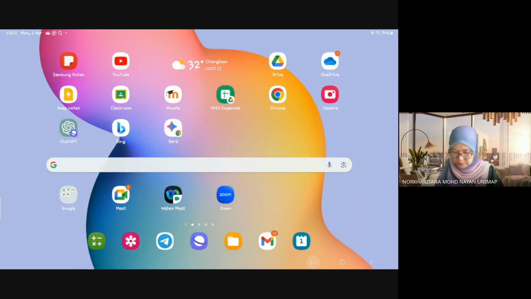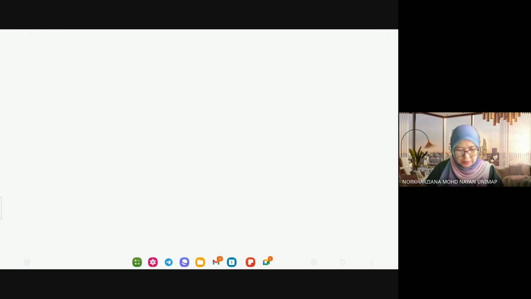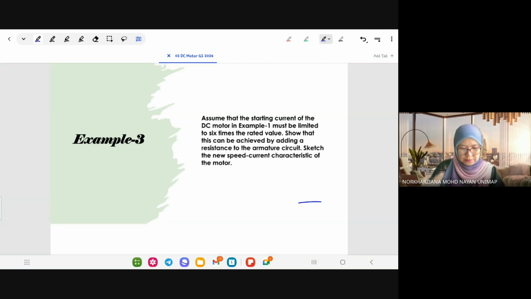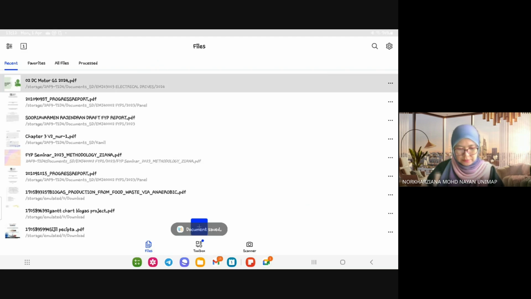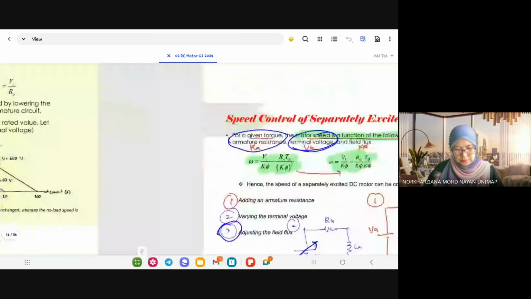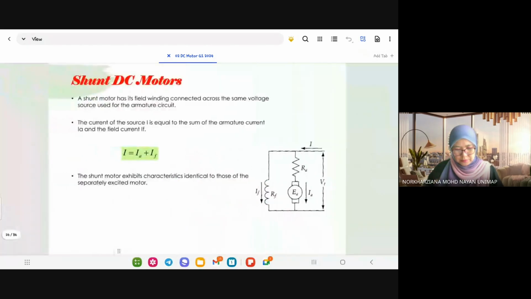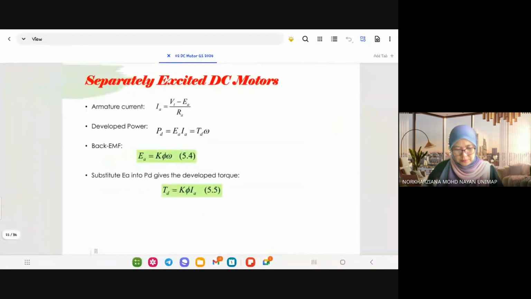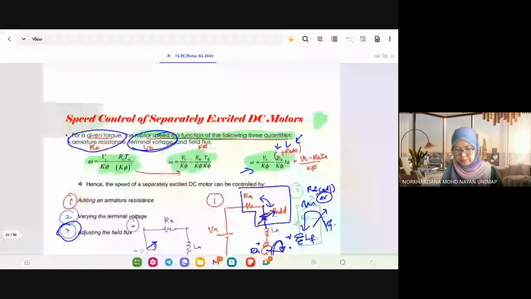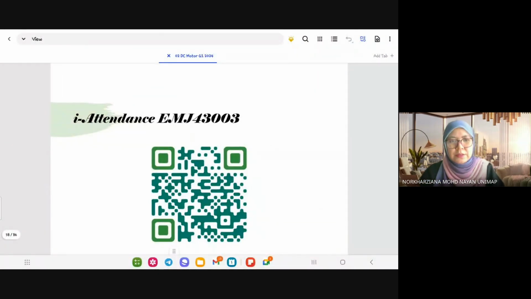Cara saya setting ni dulu, and in case ada soalan nak tanya, lagi saya go through balik. Cara saya nak edit ni.